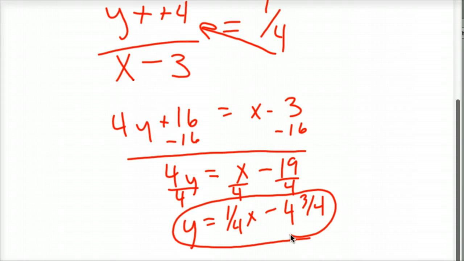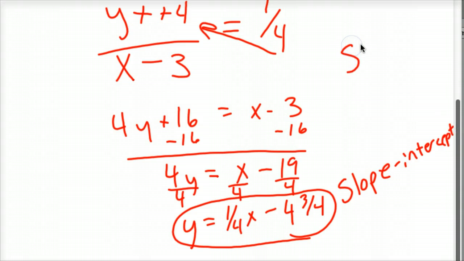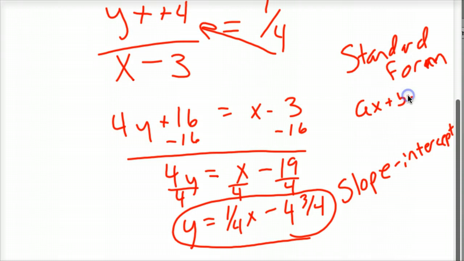Now, hold on here. One last thing: this is slope-intercept form. Most of your tests ask for it in standard form, which is ax plus by equals c. So if you want it in standard form, you just go back to this point and move your x over and move your 16 over.